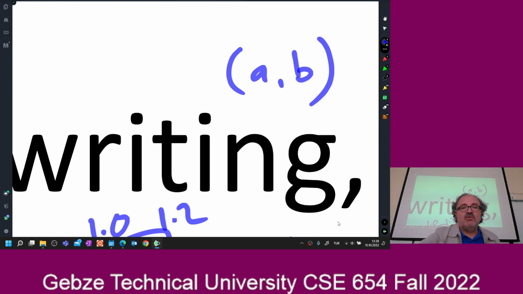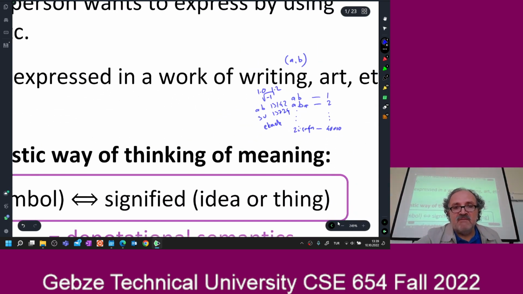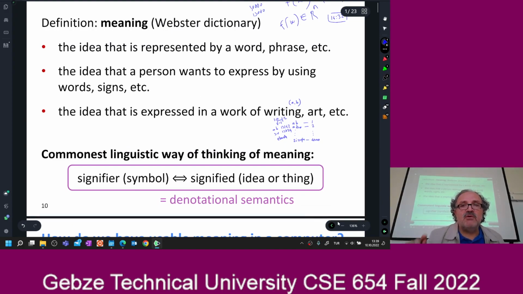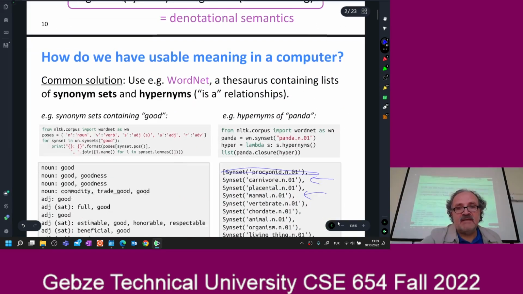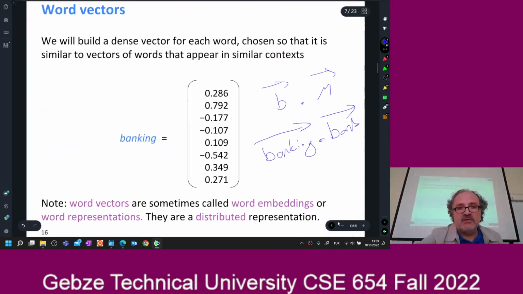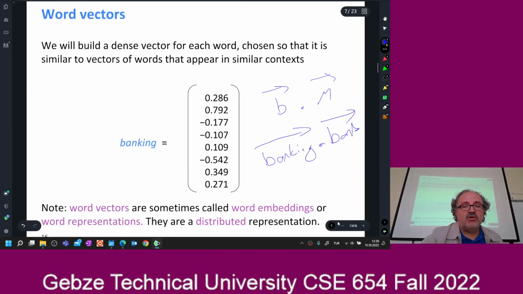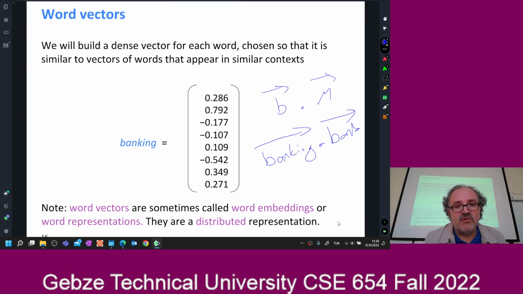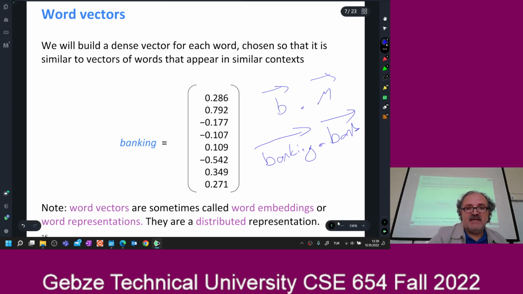This is something that we do all the time, and we are going to do the same thing with the representation of the words. We are going to assign these kind of vectors for each word, and these vectors will represent the words, like this one, banking.